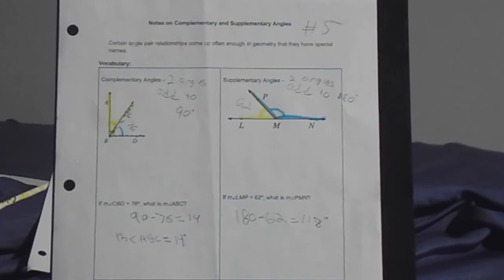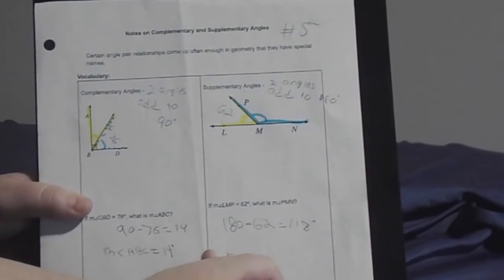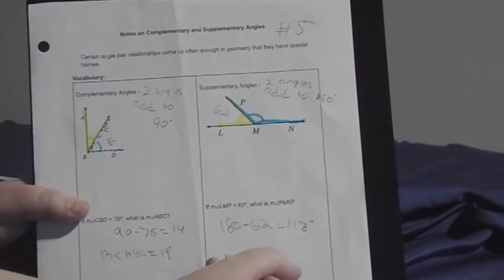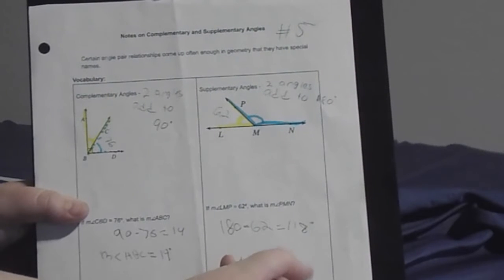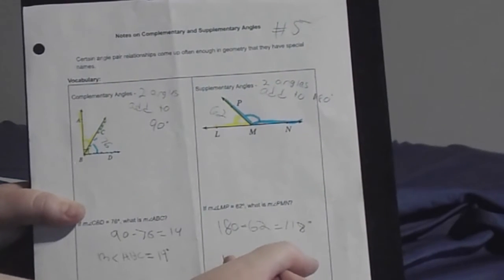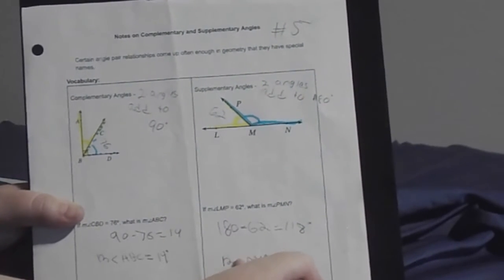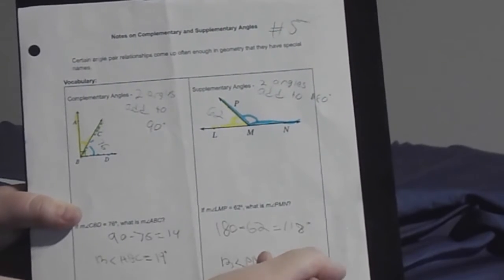So the measure of angle PMN is 118 degrees.